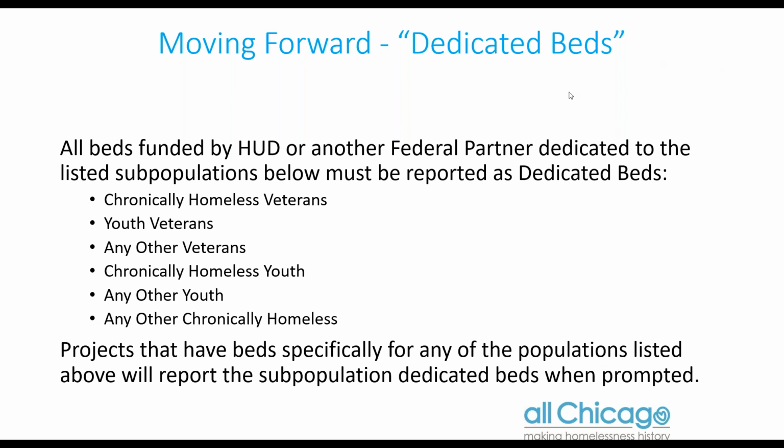The first one is chronic homeless veterans. The second is youth veterans. The third is any other veteran that may not fall into those first 2 categories. The fourth is a chronic homeless youth. The fifth is any other youth, and then it's any other chronically homeless individual. Sorry, there are 6, not 7.